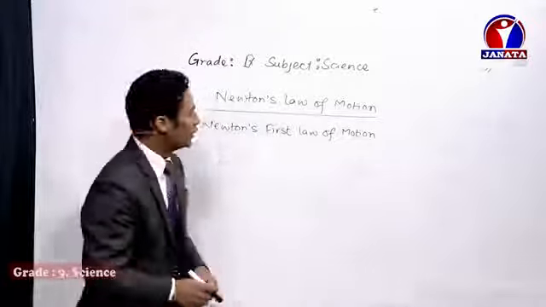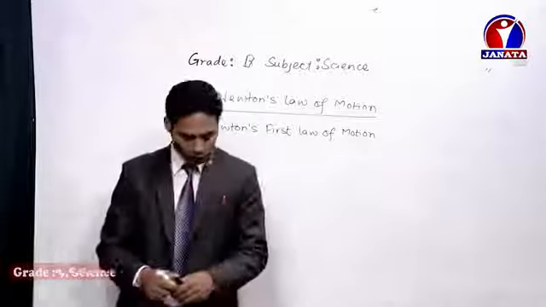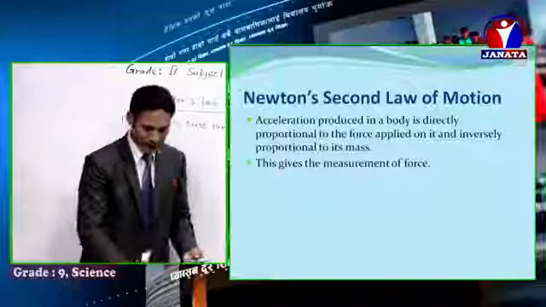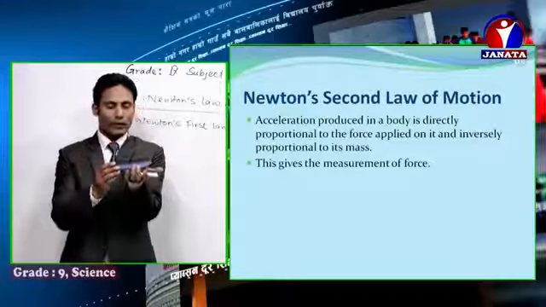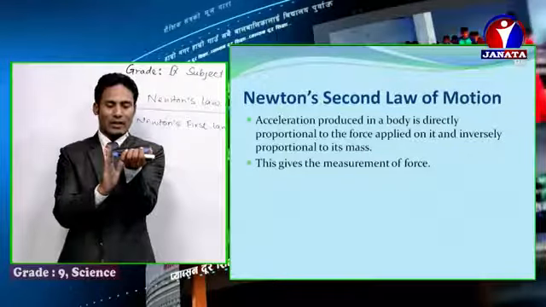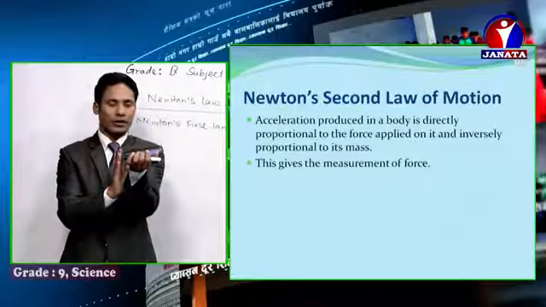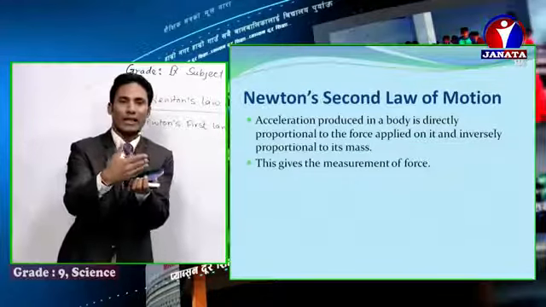Next is Newton's second law of motion. Before stating it, let me give one example. Suppose this object is there. If I push this object with less force, the object moves slowly. That means the acceleration produced on it is less, right?